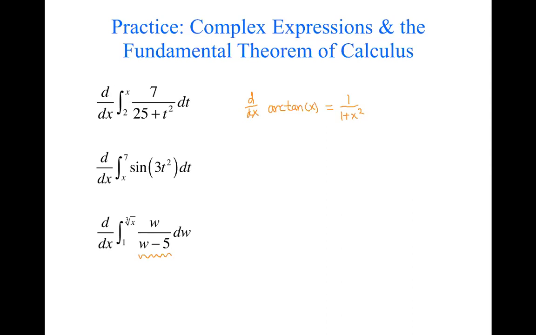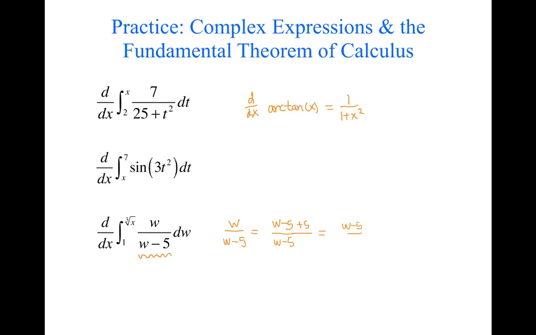Well, this one uses a trick that we kind of did back when we were proving product rule, I think. Add and subtract the same thing out of an expression. So w over w minus 5 is the same as w minus 5 over w minus 5 plus 5 over w minus 5, right?